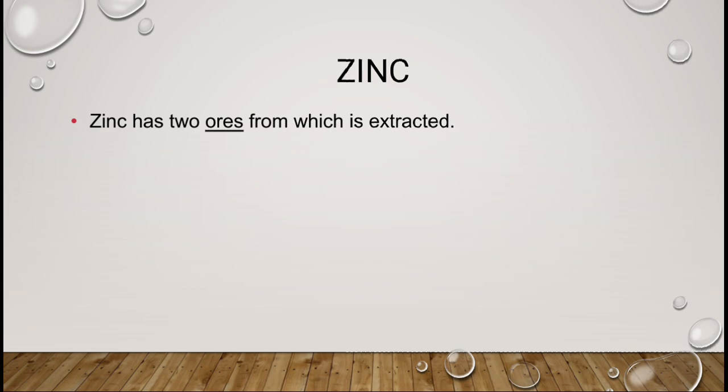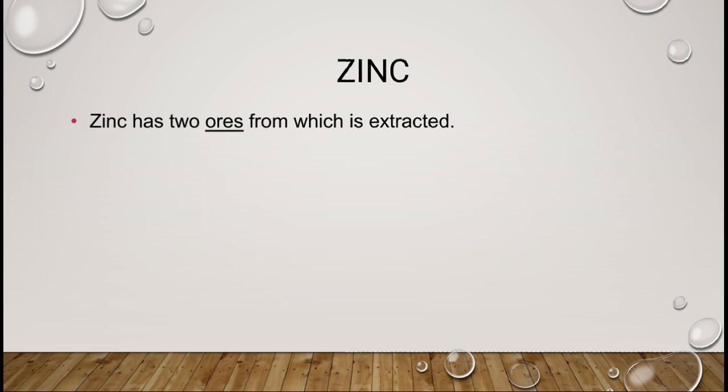Zinc blende. Right? Okay, the chemical name, so zinc blende is the industrial name. Now the chemical name of zinc blende is what? Zinc sulfide. So you may be asked, what is the chemical name of zinc blende? So zinc sulfide, right?